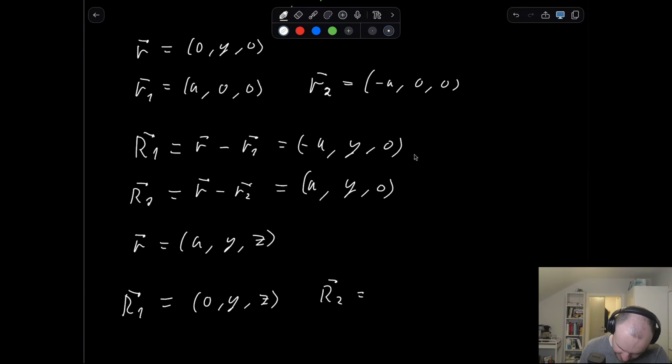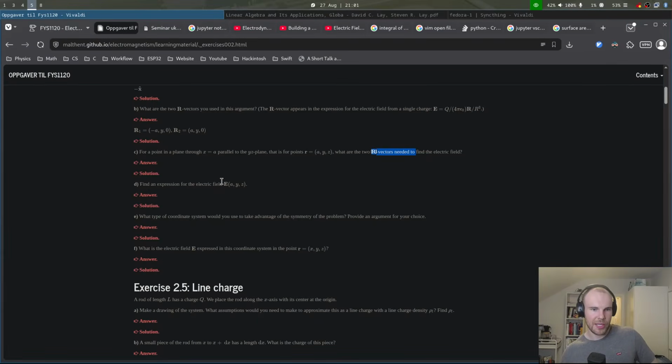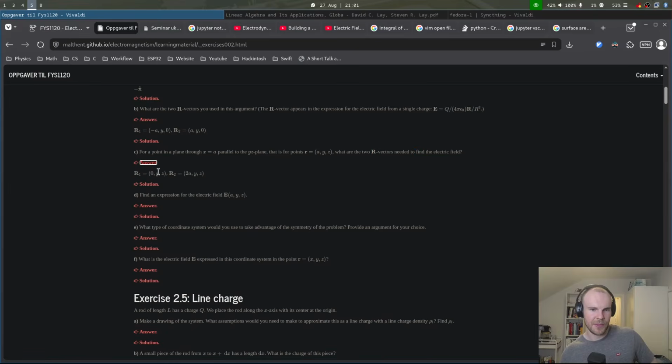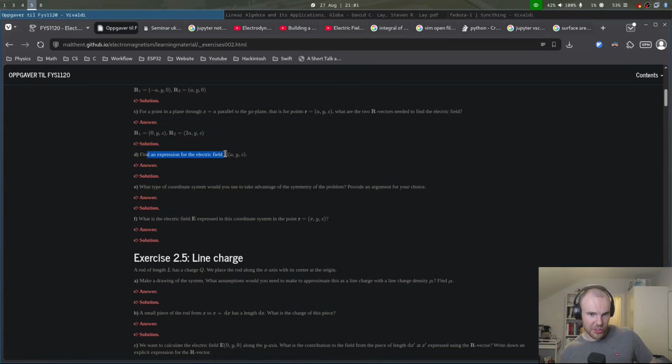So now we get a, and then we get minus a, so we get just 2a, y, and z, right? That should be correct, and of course 0 there as well. Okay, final expression for the electric field E at A, Y, Z.